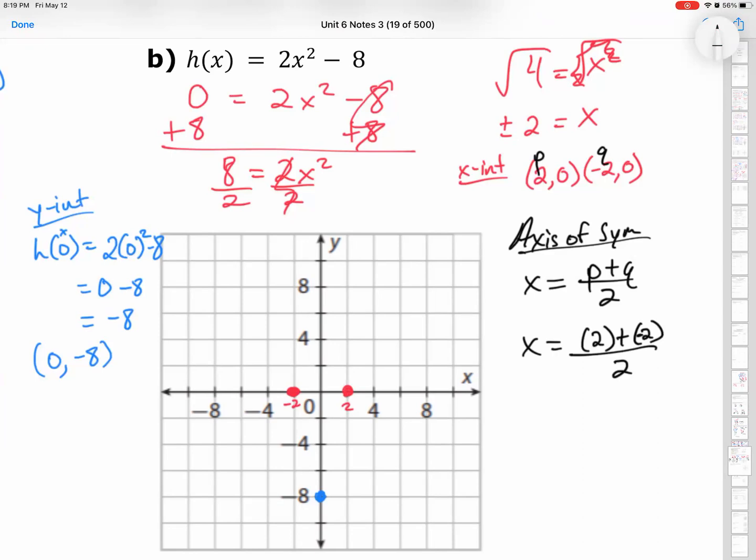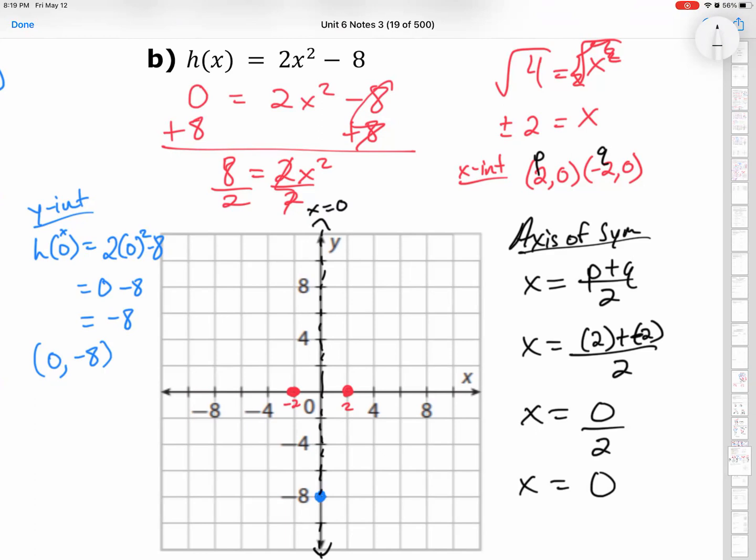Q is -2.) So 2 plus -2 gives us 0 on top over 2, which then comes out to be 0. So our axis of symmetry actually goes through the y-axis. So there's our axis of symmetry.